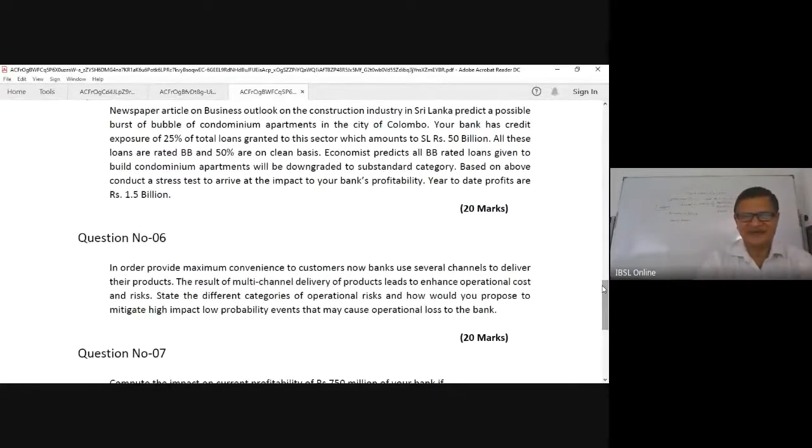When I covered operation risk, I put these 7 categories. The main category here is execution and delivery, but to answer these questions, you probably need to state all those 7 categories, because it says state the different categories of operation risk and how do you propose to mitigate high impact, low probability events.